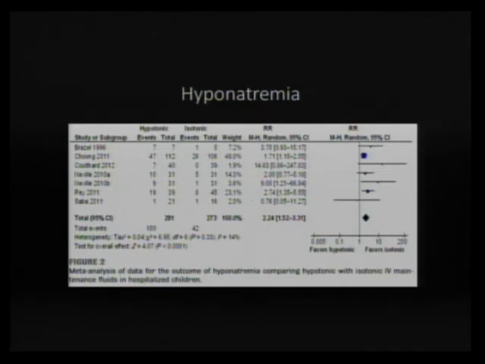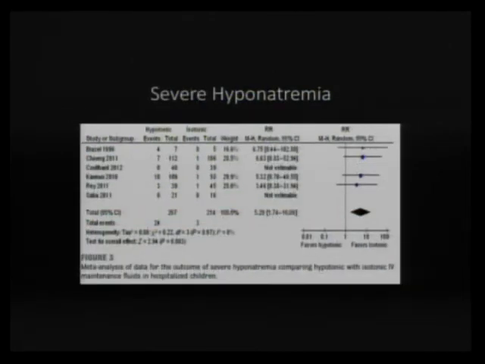The analysis showed that hypotonic fluids significantly increased the risk of hyponatremia, with a relative risk of 2.24, 95% confidence interval, and a p-value of 0.0001. They did note that one study was excluded from the analysis because it defined hyponatremia as plasma sodium less than 130, and when it was included, the results were similar.